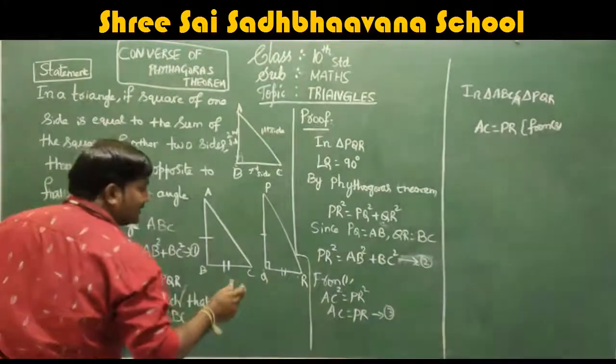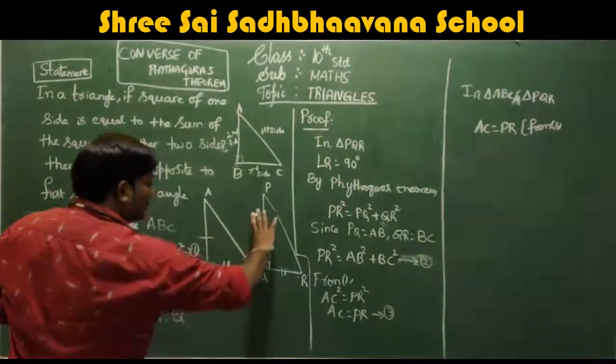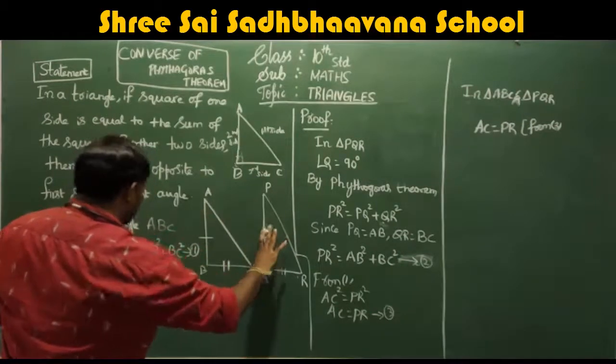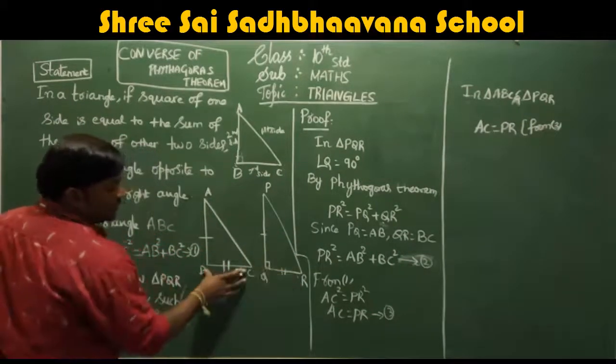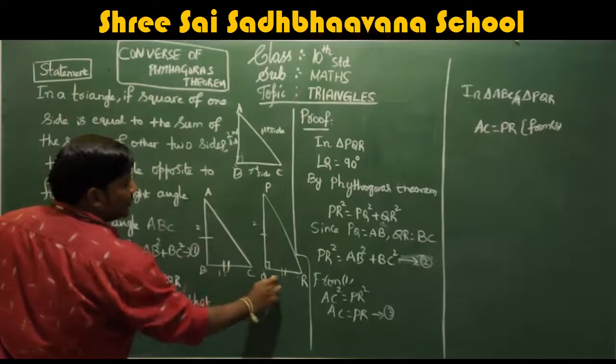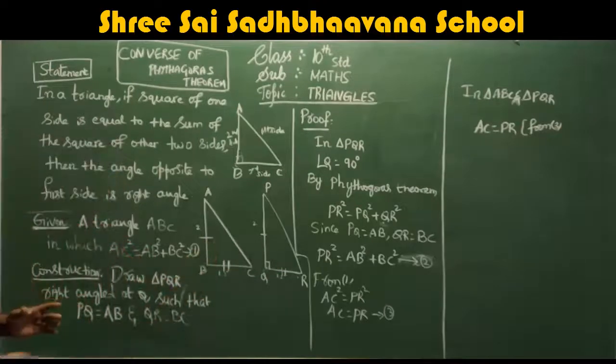Also we are taking the sides in such a way that if AB is 2 centimeters, we are taking PQ also as 2 centimeters, and QR should be equal to BC. If this is 1.5, we are taking this as 1.5, with the same measurement.